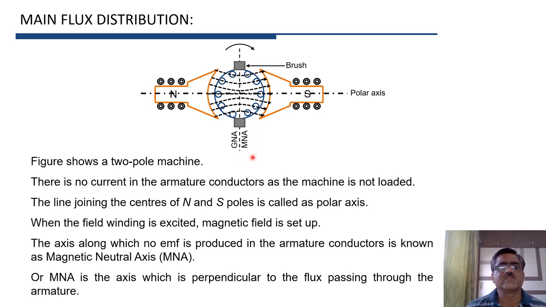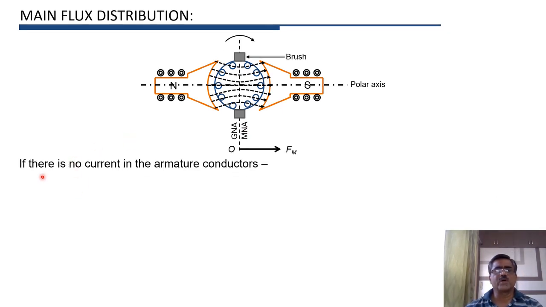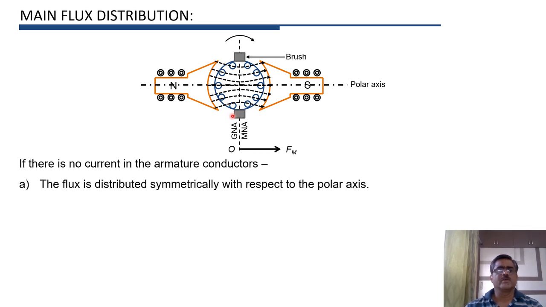Now in this particular case, when armature current is 0, you can see that the geometric neutral axis coincides with the magnetic neutral axis. So GNA coincides with MNA. If there is no current flowing through the armature, then the flux is distributed symmetrically with respect to the polar axis.